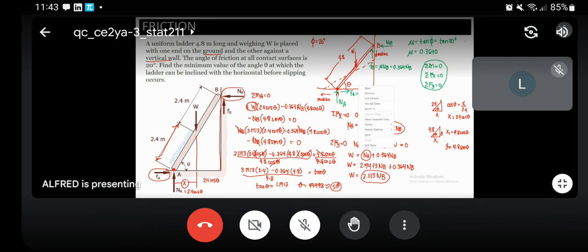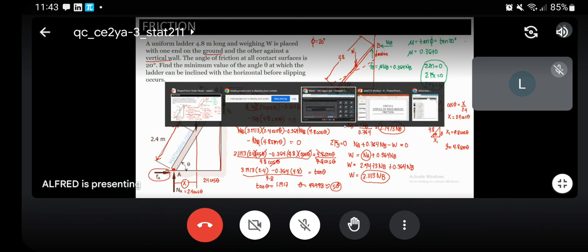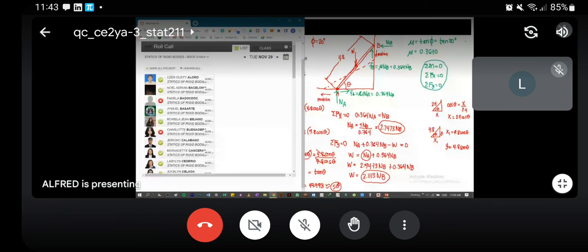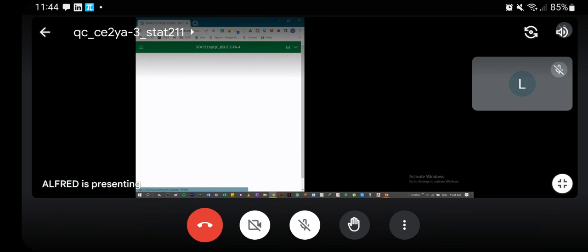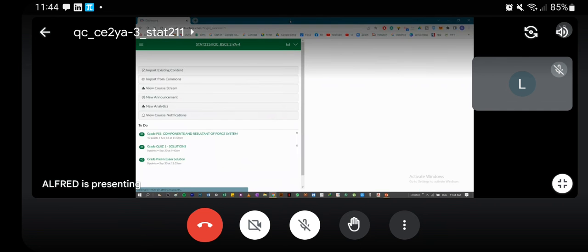Okay, so ito yung correction. Nandito pa ba? Wala na pala. So, attendance muna tayo. Nakita pa yung screen. Opo, sir. Naglag.